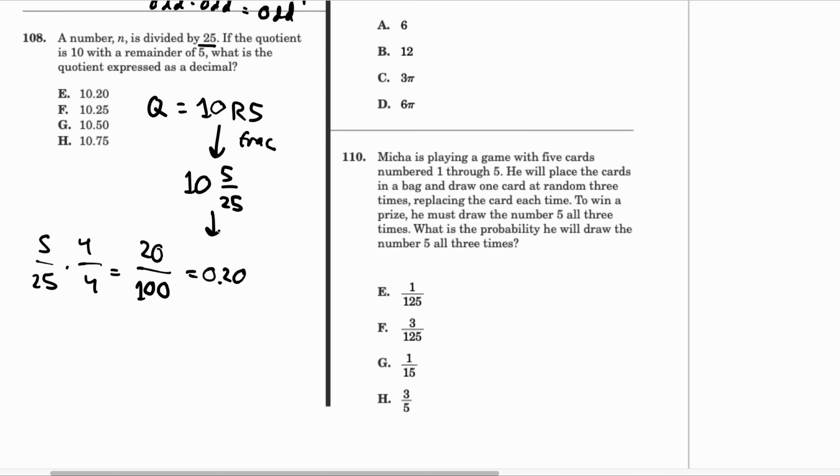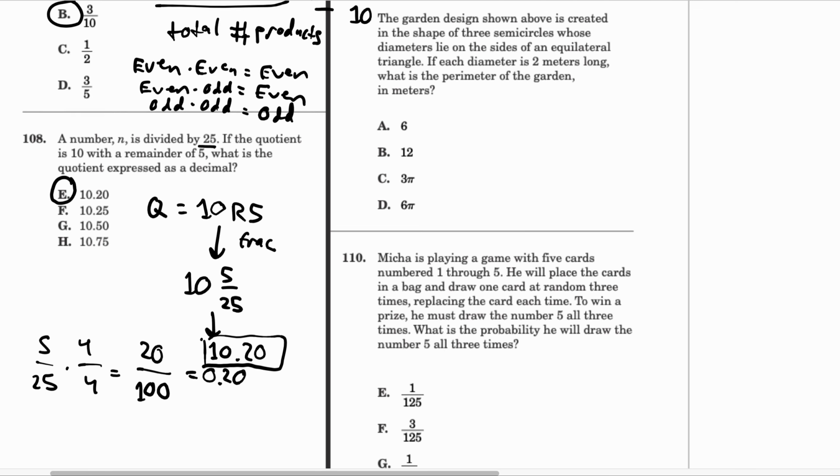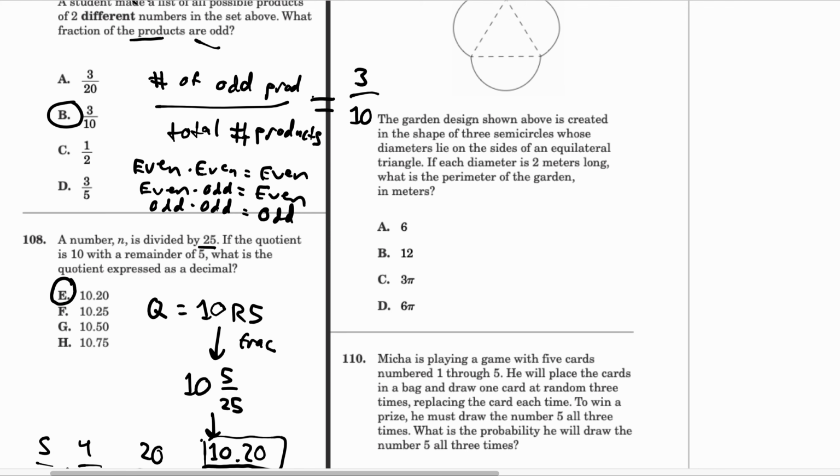Therefore 10 and 5 25ths is just 10.20. This is our decimal, so this would be E. It didn't matter what the number was, it only mattered that it's divided by 25.